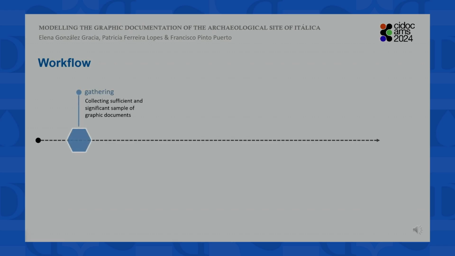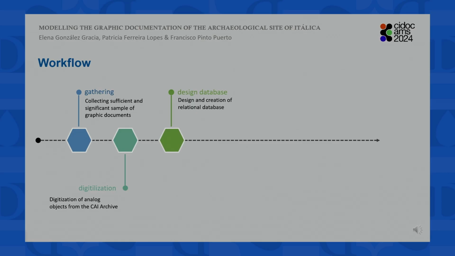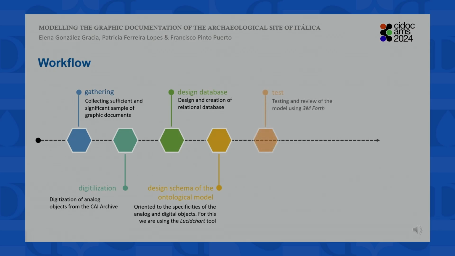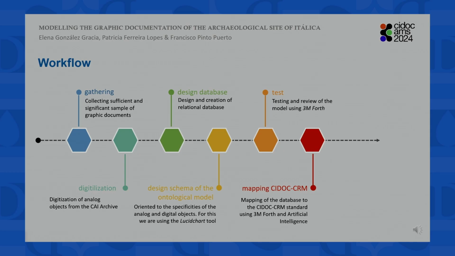The workflow is divided in 7 steps. First one, collecting a sufficient and significant sample of graphic documents, digitization of analog objects from the archive, design and creation of a relational database, the design of a schema of the ontological model oriented to the specificities of the analog and digital objects, testing and review of the model using 3M and 4M, mapping of the database to the CIDOC CRM standard using 3M and 4M and artificial intelligence, visualization of the model through the use of GraphDB.